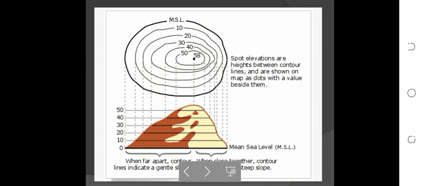You can see here first mean sea level, then 10 meter, then 20 meter, 30 meter, 40 meter, 50 meter. So as we go inside the contour lines, the height is increasing. So when you are drawing contour lines, make sure that the outside contour lines are lower than the middle contour lines.